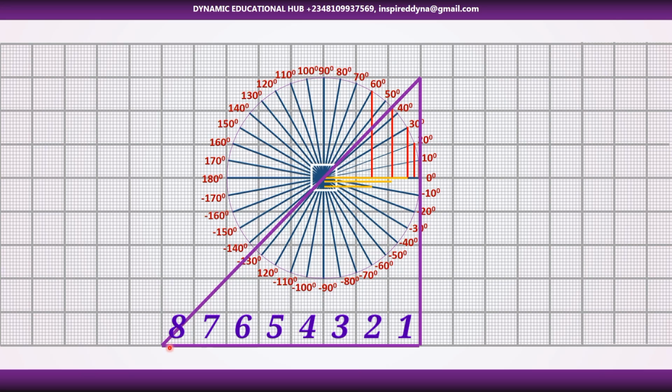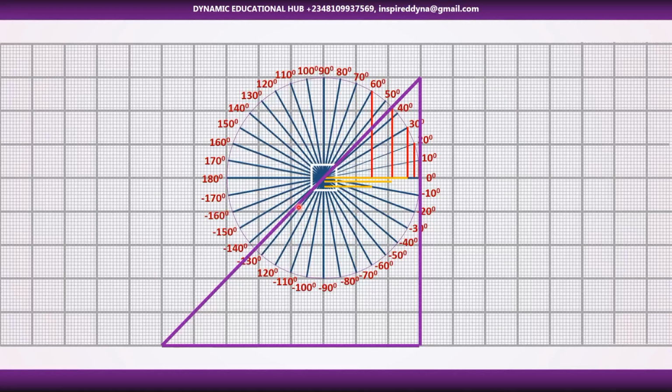What I'm trying to show you is that if you draw any line that aligns with any angle here and use it to form a right angle triangle, you can still vary the length and use that to find the trigonometric ratio. That's what I've done for 45 degrees here.